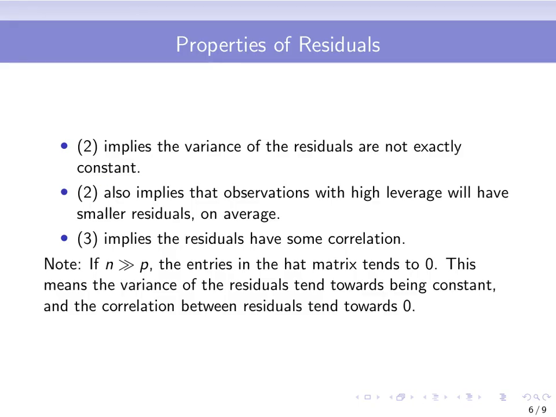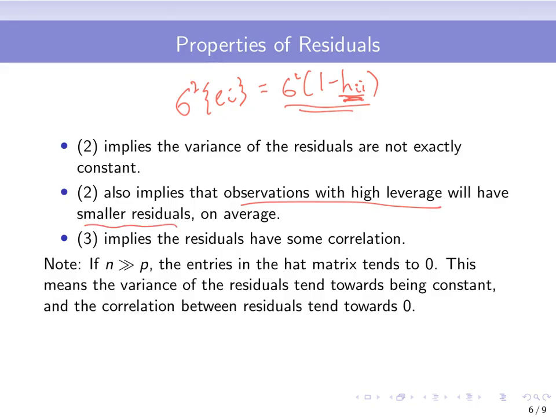As I say, equation 2 implies the variance of the residuals is not exactly constant. Equation 2 is saying the variance is sigma square times 1 minus H_ii. Observations with high leverage, meaning H_ii close to 1, have variance close to 0. If the variance of your residuals is close to 0, then on average your residuals will be smaller, because the distance of your residuals from the mean of 0 is going to be small.